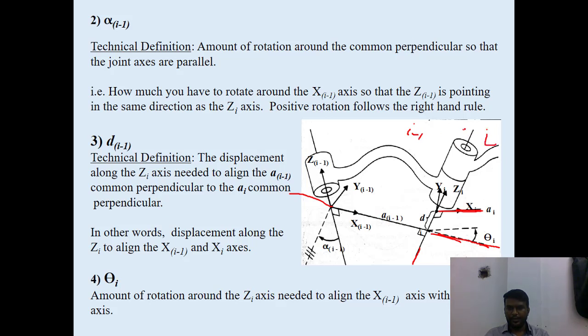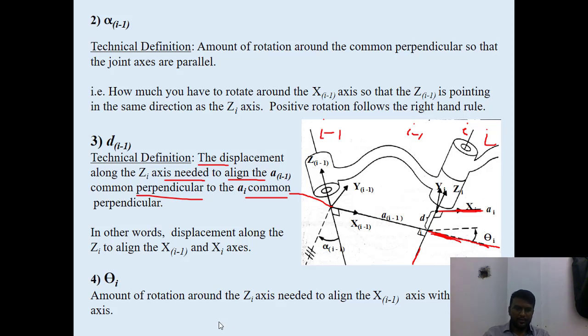So this is the i axis and this is the i minus 1 joint axis. When you measure the offset distance between these two links, that is called link offset. So the displacement along the z i axis needed to align the common perpendicular a i minus 1 to a i. This is along the z axis.